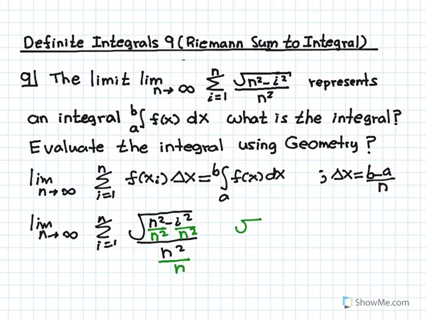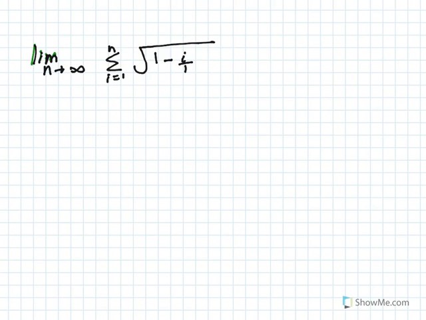The reason is root of n squared is n when n is positive, and n is in fact positive because n is approaching infinity. So let's simplify this. We have the limit as n goes to infinity, i goes from 1 to n, root of 1 minus i over n all squared, divided by n.